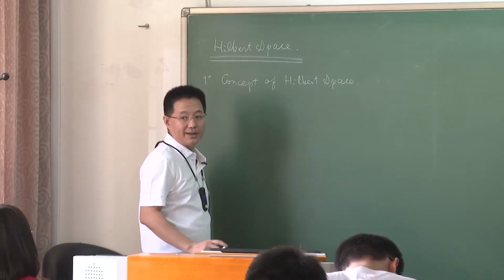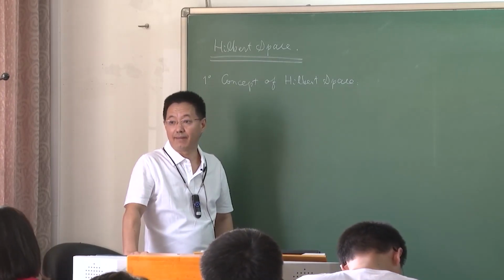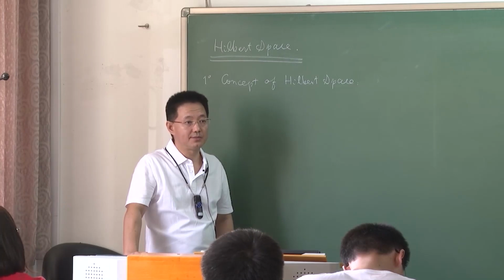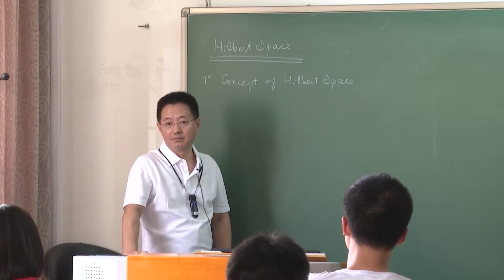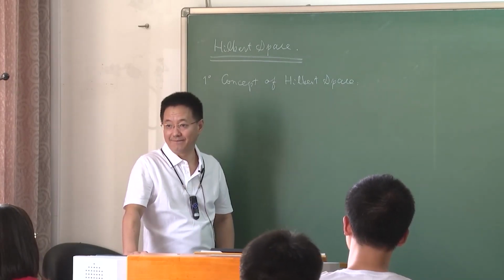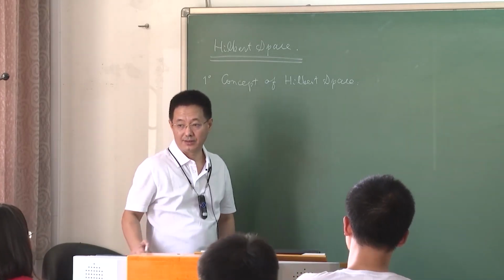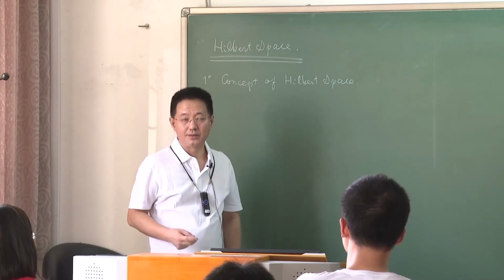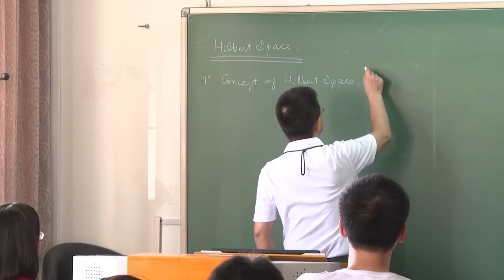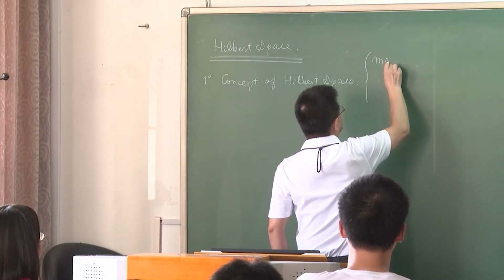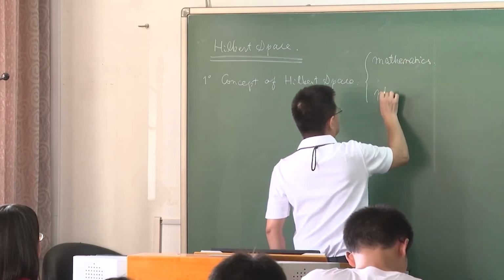In mathematics, Hilbert space is very similar to the Euclidean space. In Euclidean space, you can have n dimensions, and n could be infinite, but it must be an integer. But in physics, the Hilbert space has been generalized to infinite and also to uncountably infinite dimensions.